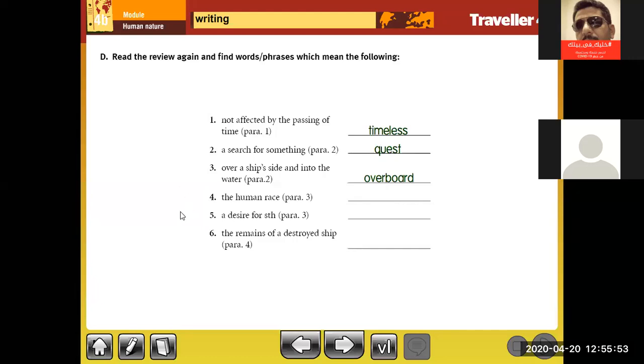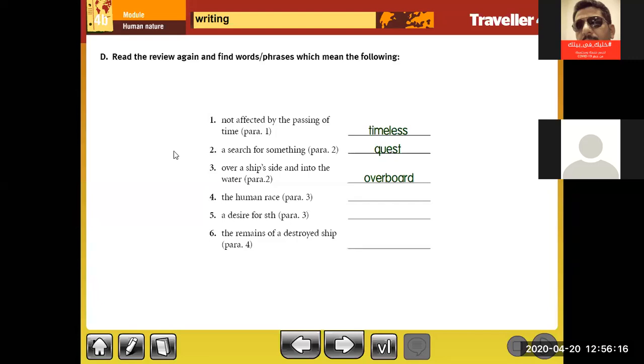4, guys, follow me and I will give you enough time to write. Number 4, the human race. العرق البشري. It's very easy, guys. In paragraph 3, I said it's a word which means human.